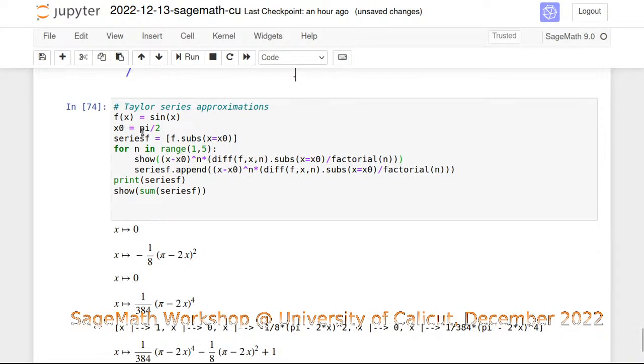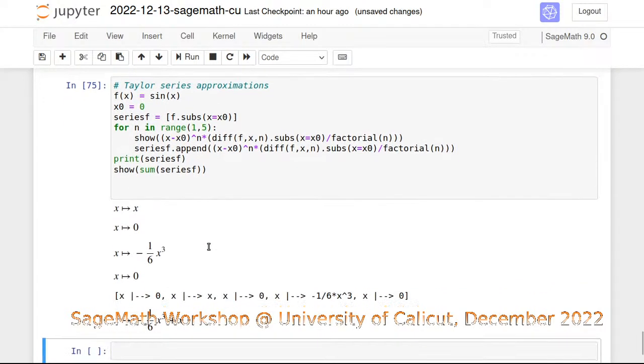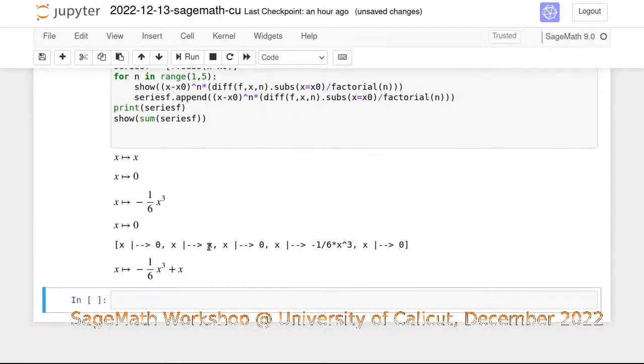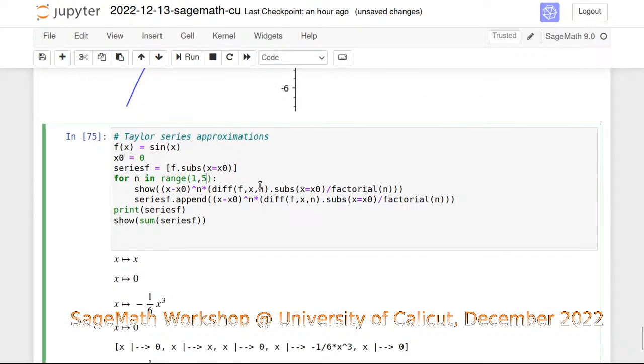I don't know, maybe this is correct. Oh, sorry, I think I am getting confused with the Maclaurin series. Okay, let me just try with the Maclaurin series to see if it's correct or not. So, is this correct? This Maclaurin series? Very sorry, I was getting confused with the Maclaurin series.